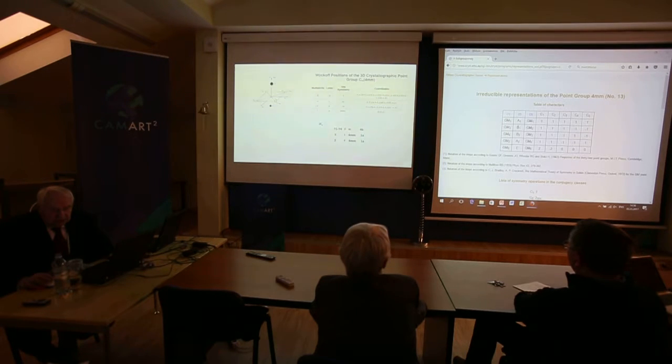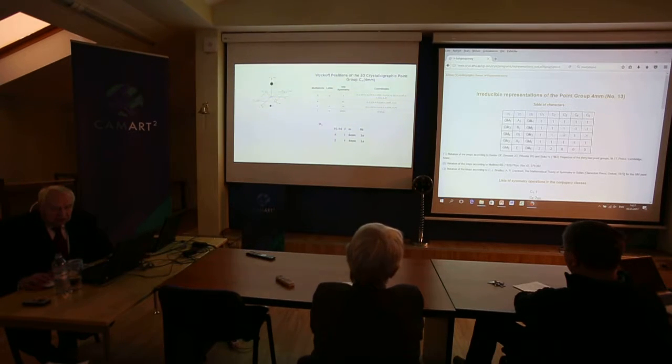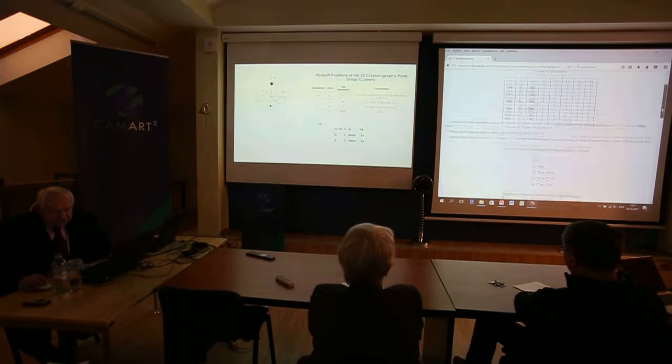And the labels of these representations, this is a very unpleasant point, used by chemists are these. They use A and B for one-dimensional ones. They use 1 and 2 depending on the label around the main order axis.